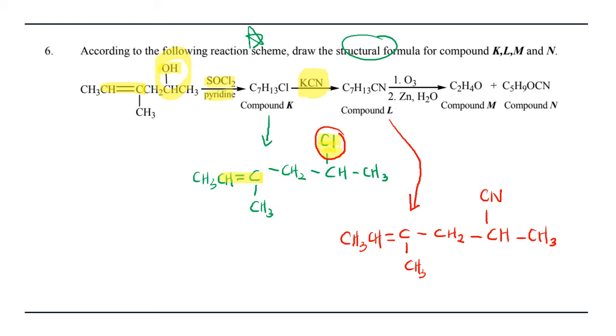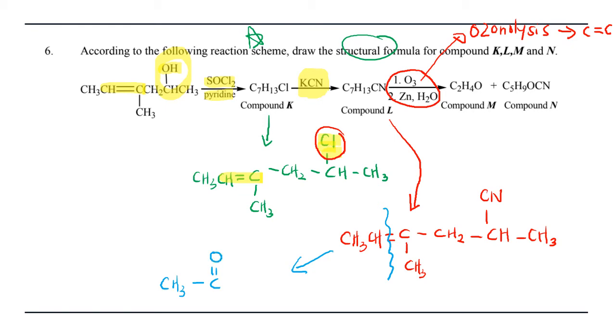Then the next one will react with ozone followed by hydrolysis. This is ozonolysis, and it only happens at the carbon-carbon double bond. So what will happen to the structure now? This structure is going to break into two parts. The first part will become CH3, C double bond, and then we add one oxygen and then hydrogen.